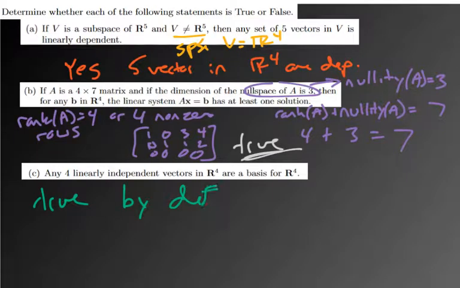If you think about the definition of a basis, they're just linearly independent vectors that span the space. And so 4 linearly independent vectors in R4 would span R4. So that one's a pretty clear-cut true. So all these are definitely true.